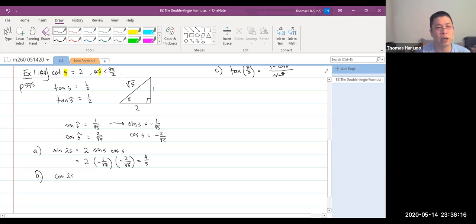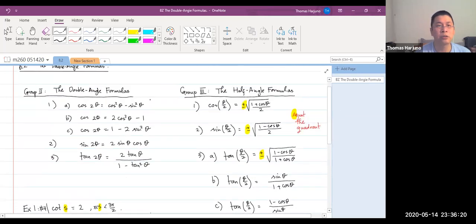Cosine 2s. Now for cosine double angle, there are actually 3 formulas, and you need to memorize all 3. Since we have the cosine and sine, you have the freedom to use any one of these 3. But suppose, for example, I only have sine s, then I will use the third formula. If I only know cosine s, then I will use the second formula.